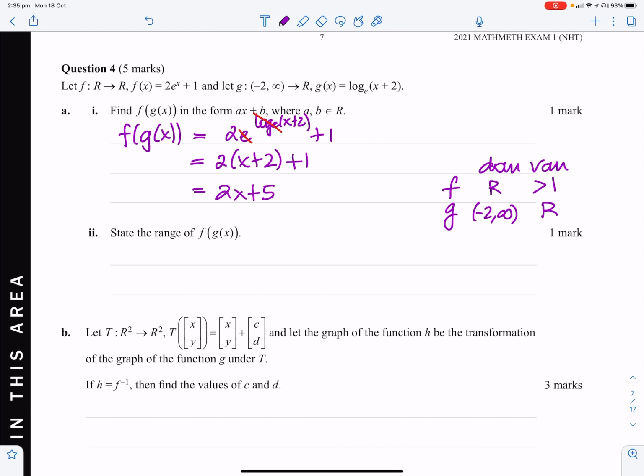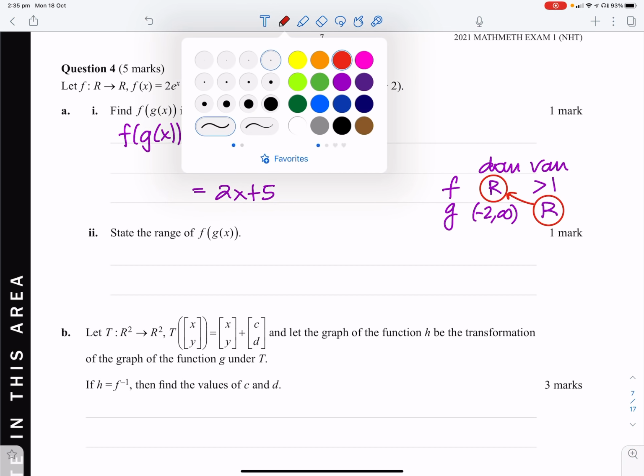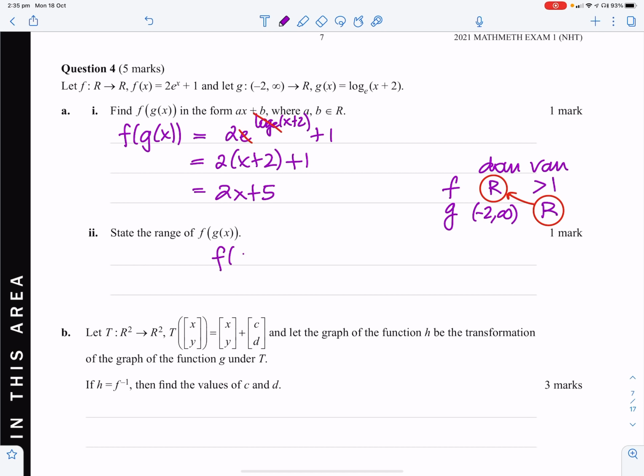Now, state the range of that function. Here, the range of g is equal to the domain of f, so the domain of f remains unchanged, which means the composite function f of g of x has a range of 1 to infinity, i.e. it hasn't changed because the range of g is exactly the same as the domain of f.